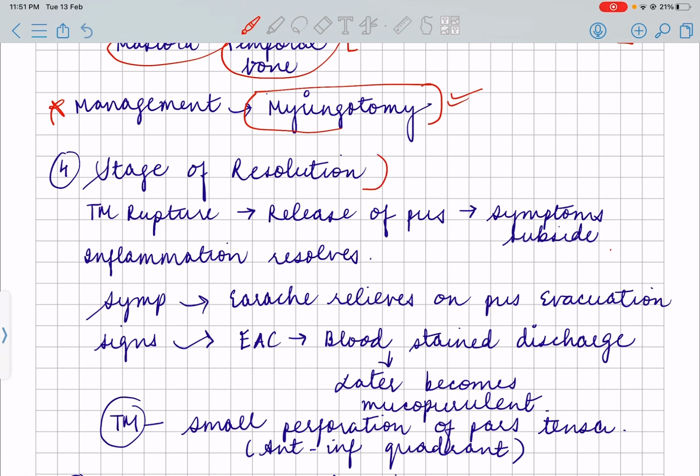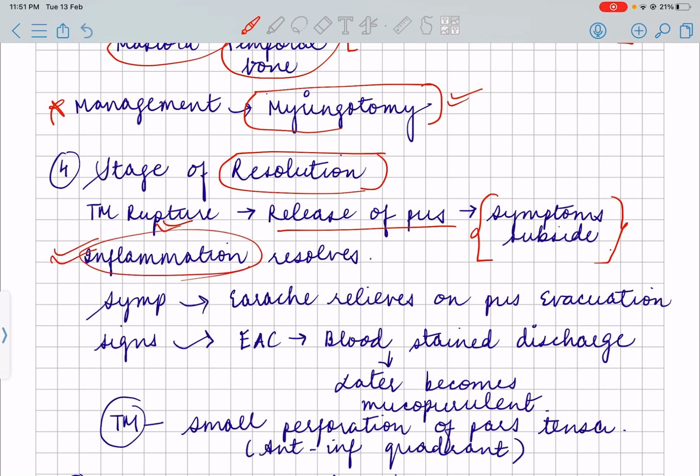Coming to the stage of resolution, the tympanic membrane rupture will eventually release the pus which was accumulated in the middle ear, and the symptoms will eventually subside. So all these stages will lead to resolving of the inflammation which is present.